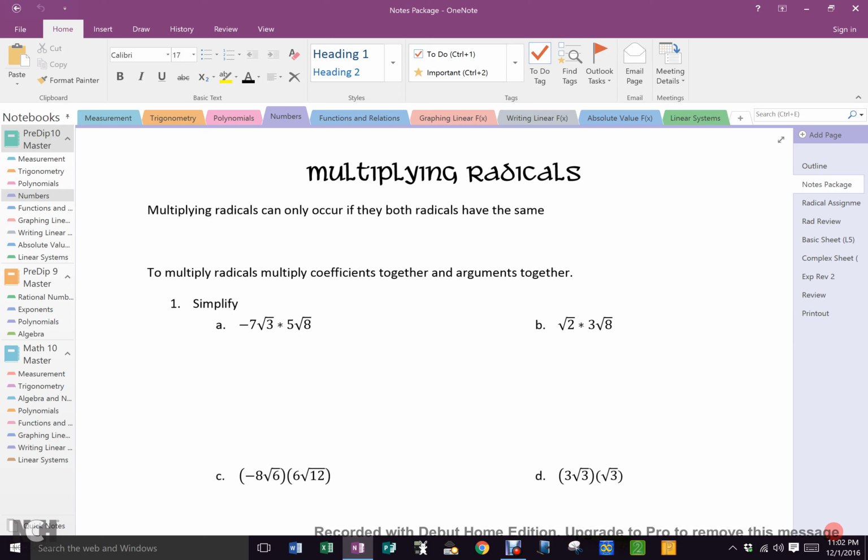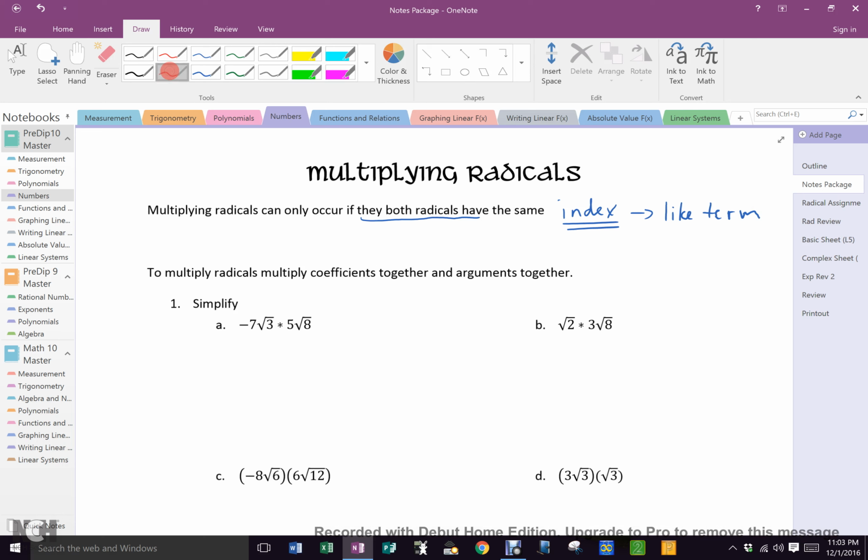All right, so multiplying radicals can only occur if they both have the same index. If they don't have the same index, you can't multiply them together. That's what makes a radical a like term. So it's exactly the same, just like adding and subtracting.